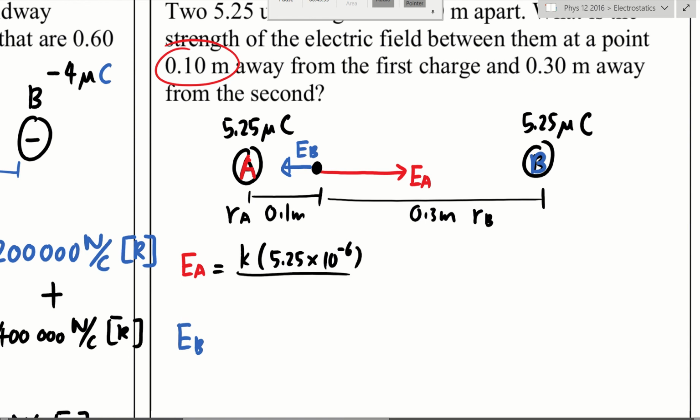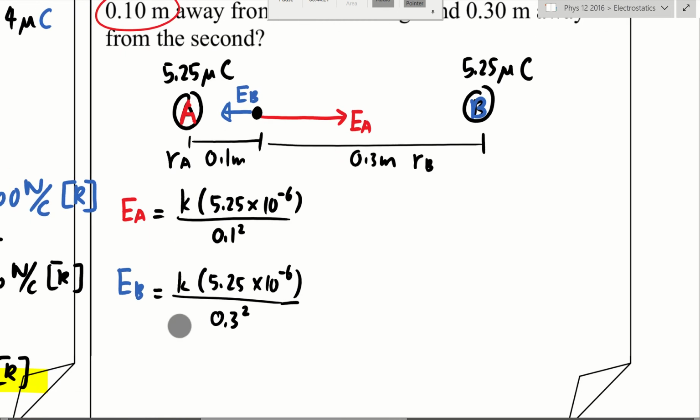So kQ over r squared, which is 0.1 squared, times 10 to the negative 6. For the other, kQ over r squared is now 0.3 squared. One of them is 0.1 squared, one of them is 0.3 squared. There we go.